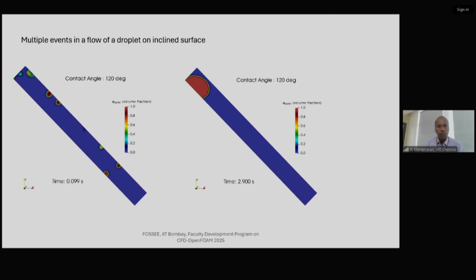So that is the beauty of using the solvers here in OpenFOAM simulation. We have better control of our time as well as understanding the physics and everything using OpenFOAM. So we can see that multiple small droplets get accumulated and travel as a big slug downwards.